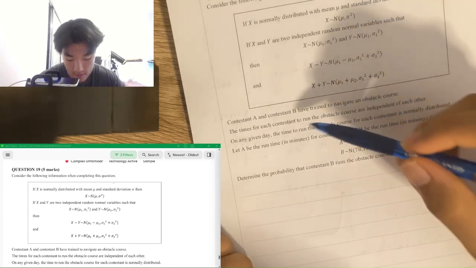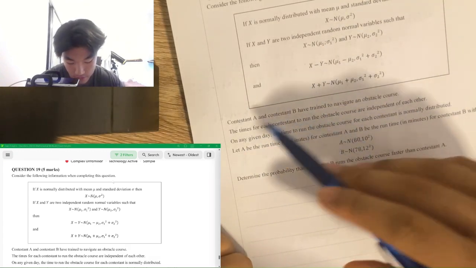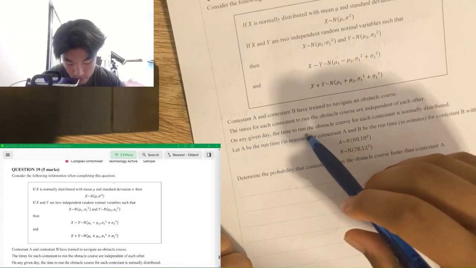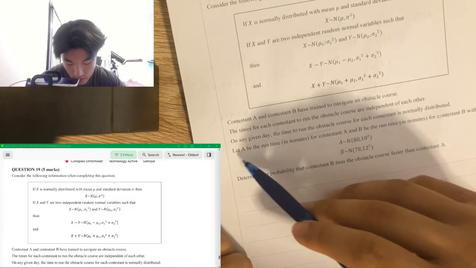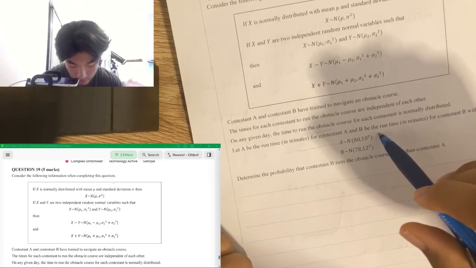Contestant A and contestant B have trained to navigate. Yep. They're independent. On any given day, the time is normally distributed. A's runtime, B's runtime.